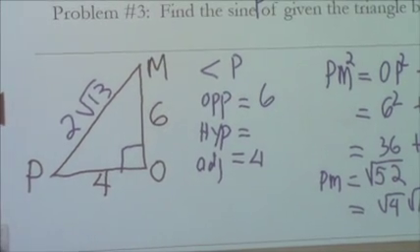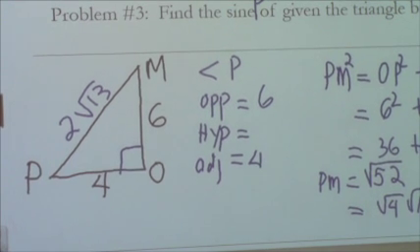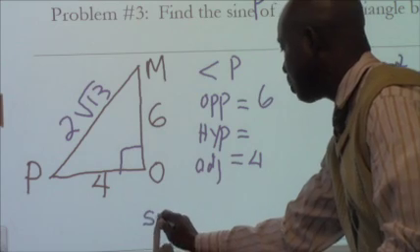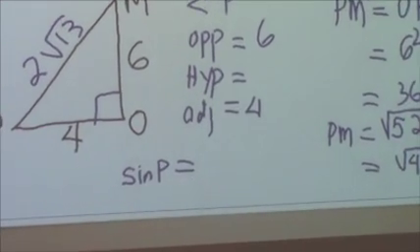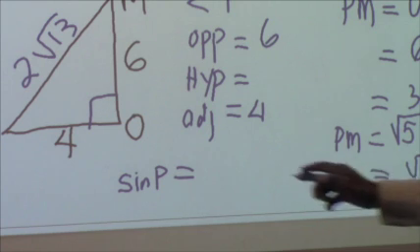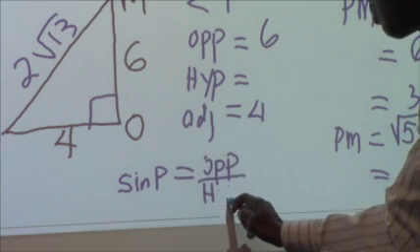So good. So I'm finding the sine of this angle. I want to just lay it out over here. Sine of P will be equal to the side that is opposite P over the hypotenuse.